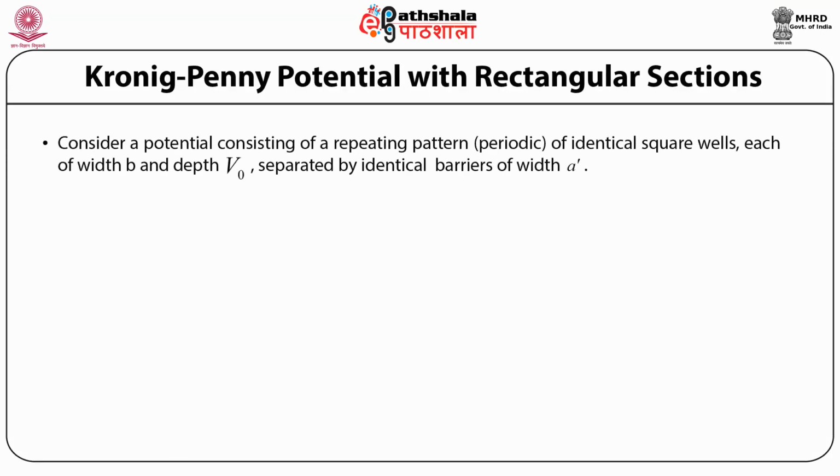We start with the Kronig-Penney potential with rectangular sections. Consider a potential consisting of a repeating pattern, which is also known as periodic, of identical square wells, each of width b and depth V0, separated by identical barriers of width a'.